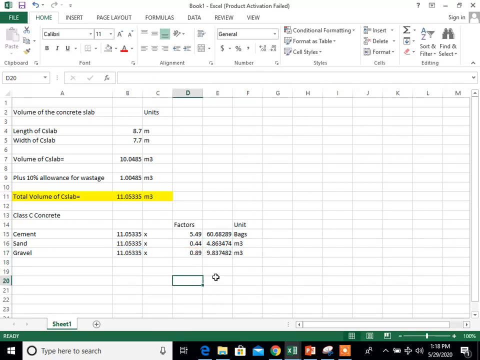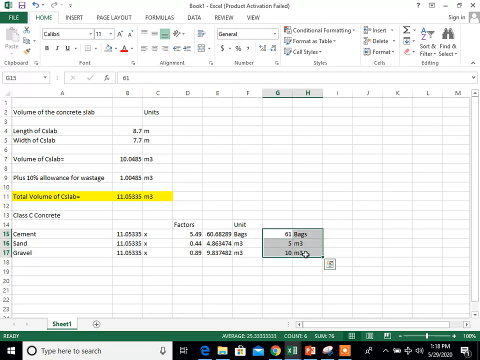In summarizing, the total bags for the cement is 61 bags. Then for the sand, let's say 5 cubic meters, and for the gravel is equivalent to 10 cubic meters.